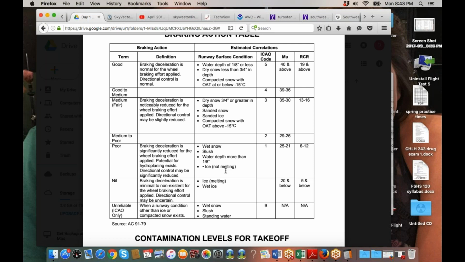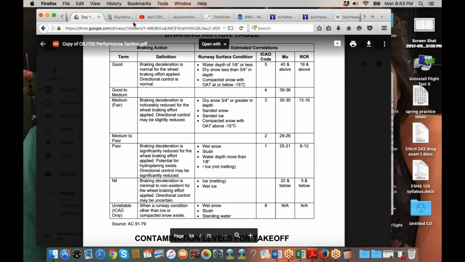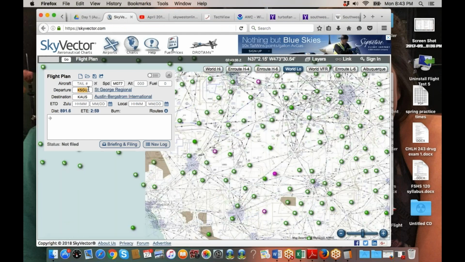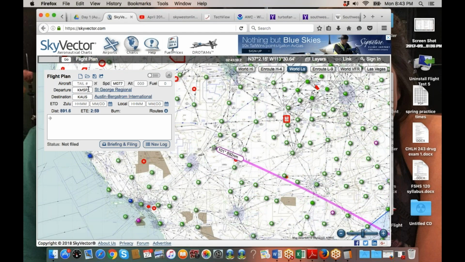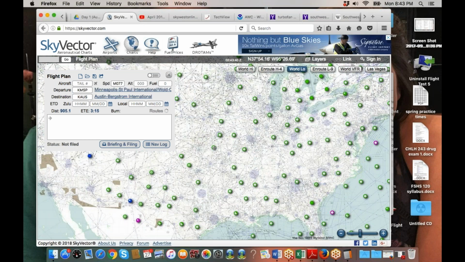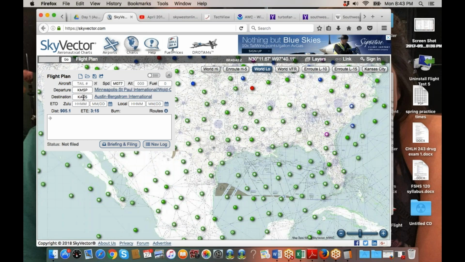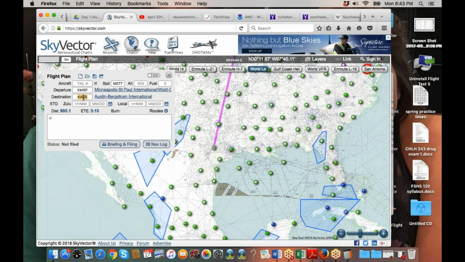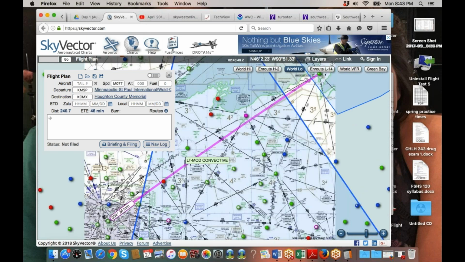So there are some times where we send a plane, let's say, let me pull up SkyVector and I'll show you here. So KMSP to, I think this might be it.